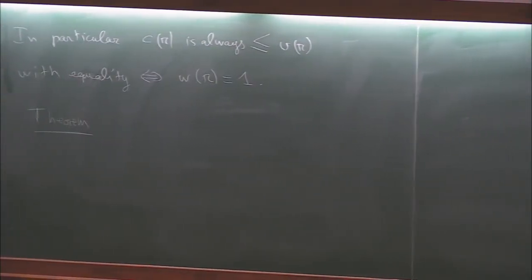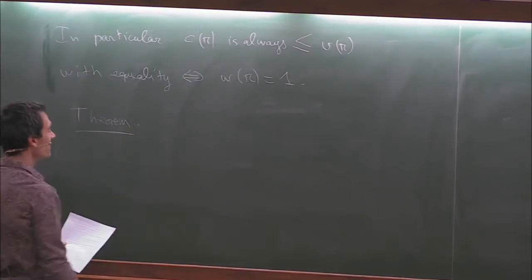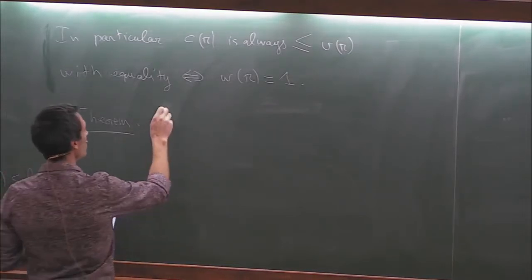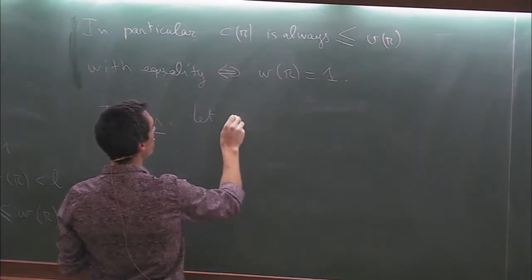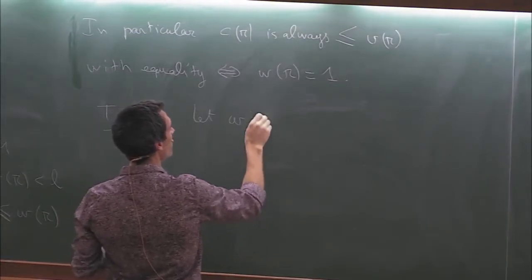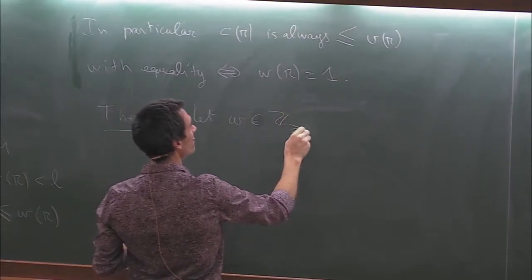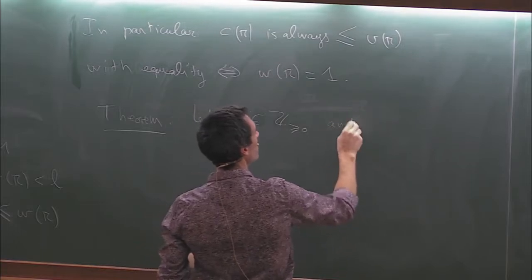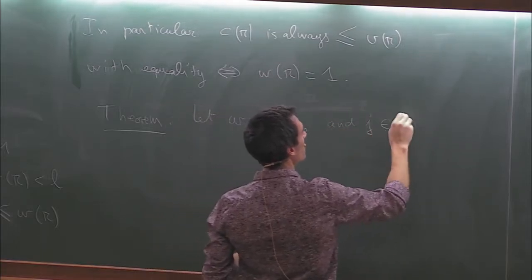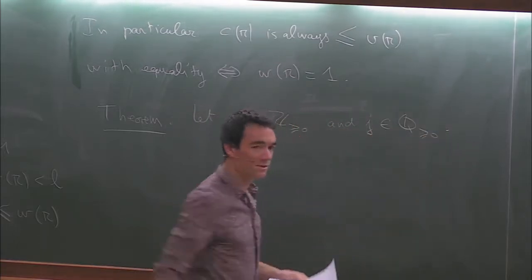Okay, so here is another counting result. Let W be some non-negative integer and J be some non-negative rational number.